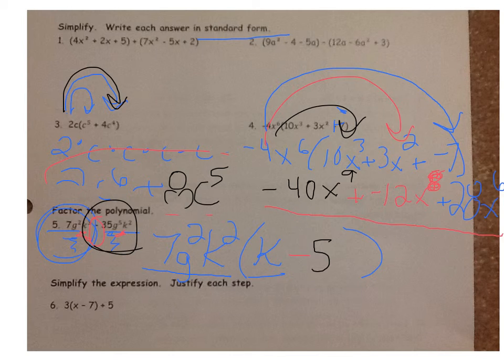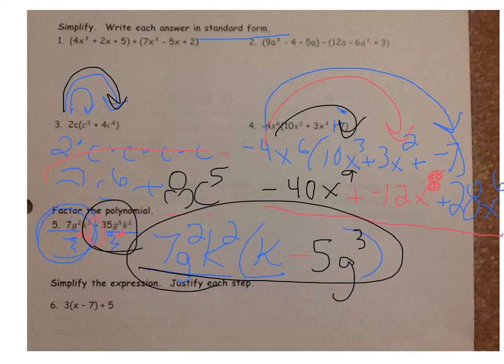So in order to get to the g to the fifth, I would need 3 more g's. G times g, and then I'd need 3 more. Times g, times g, times g. So that would be 5g to the third. So this whole quantity right here is my final answer. 7g squared k squared times the quantity k minus 5g to the third.